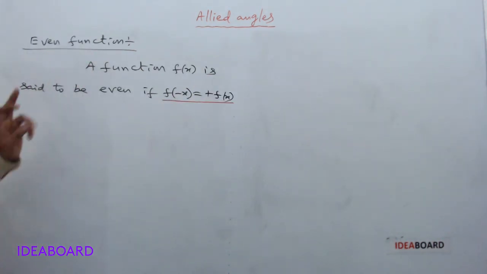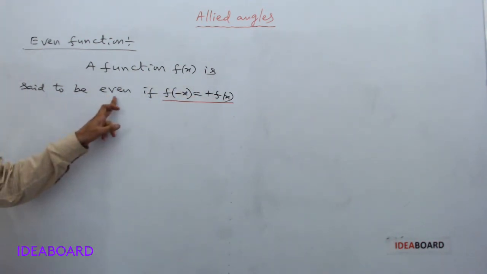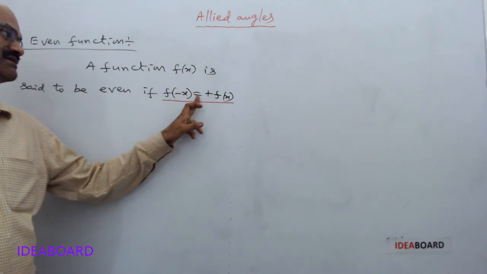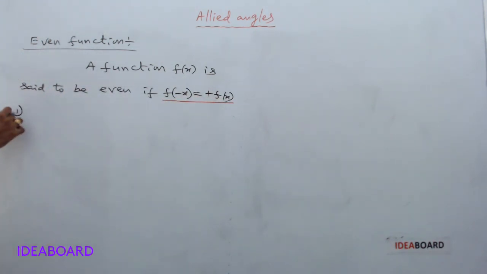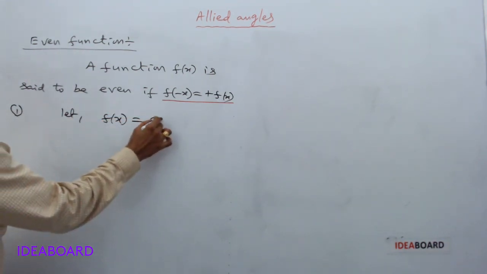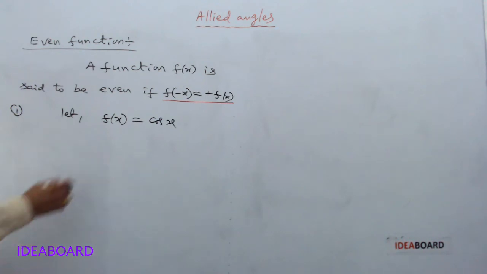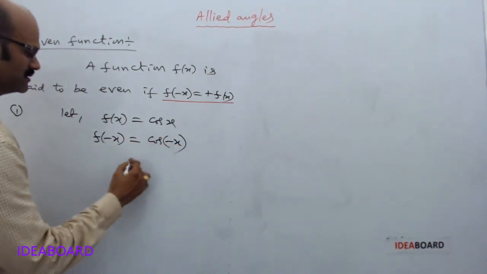Next, even function. A function f of x is said to be an even function if f of minus x equal to plus f of x. For example, let f of x equal to cos x. Now f of minus x equal to cos of minus x.